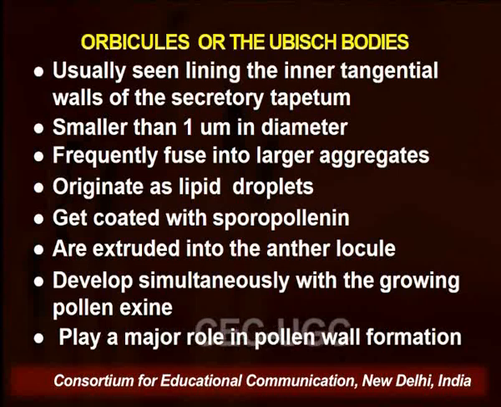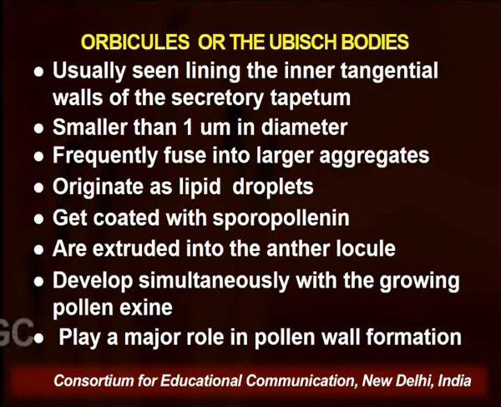So, the membrane is convoluted and these pro-Ubisch bodies, as they are called till now, move into the space between the tapetal membrane and the tapetal cell wall. While they occupy this space, they get coated with sporopollenin, and from now on they are called Ubisch bodies.